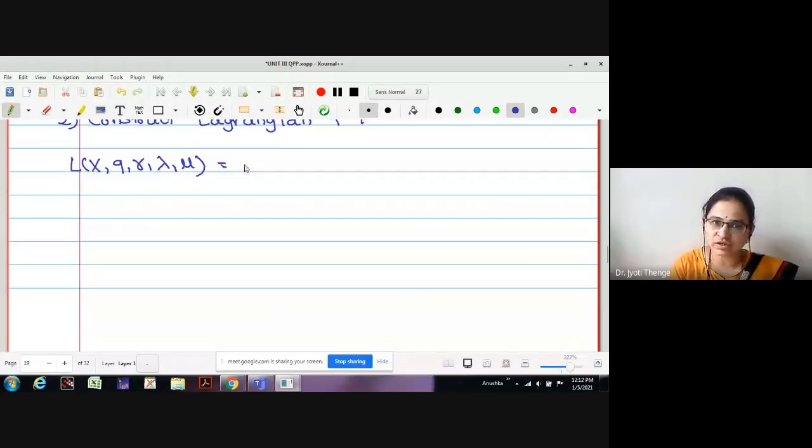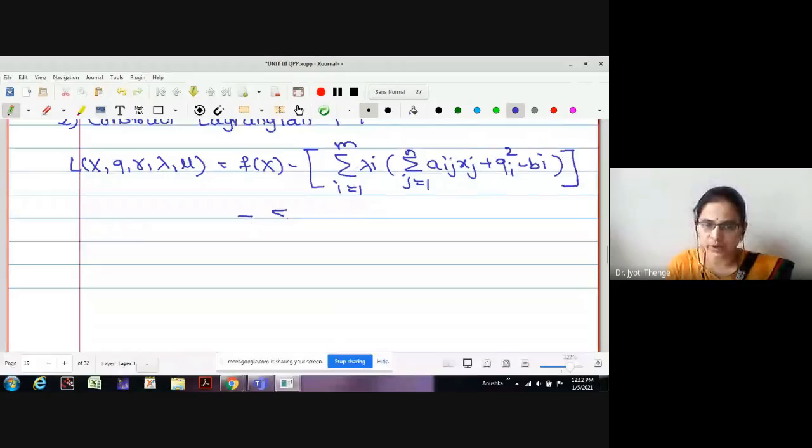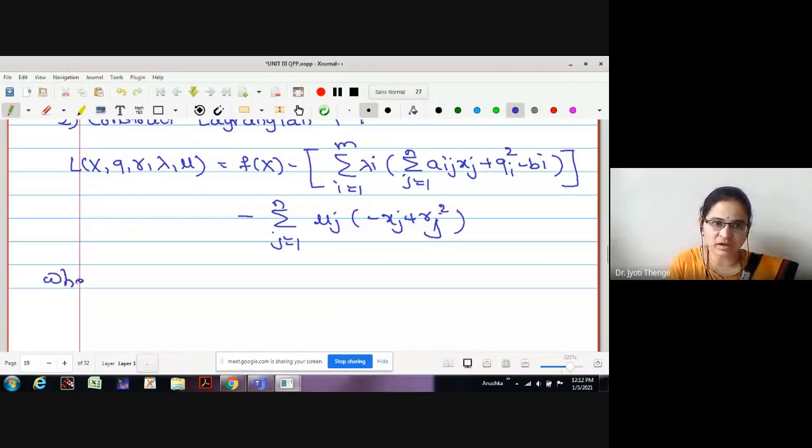It is constructed as f of x minus, multiplying by lambda i for every constraint, the summation over j equals 1 to n of aij xj plus qi square minus bi, with i running from 1 to m, and later the summation over j equals 1 to n of mu j into minus xj plus rj square.